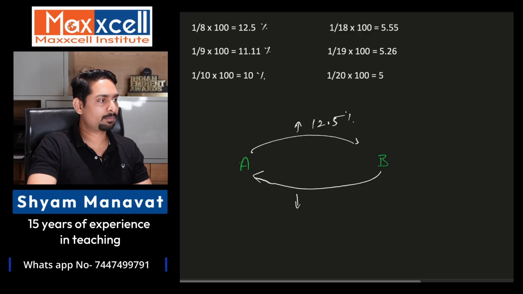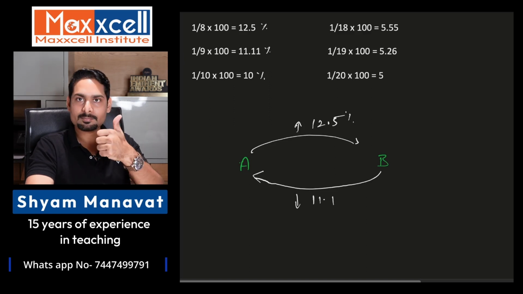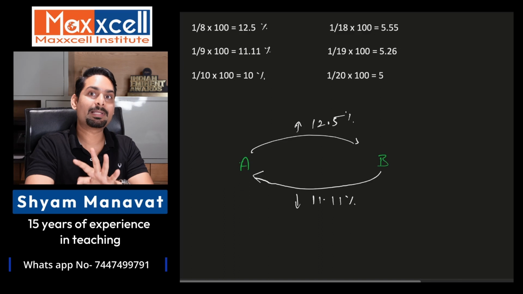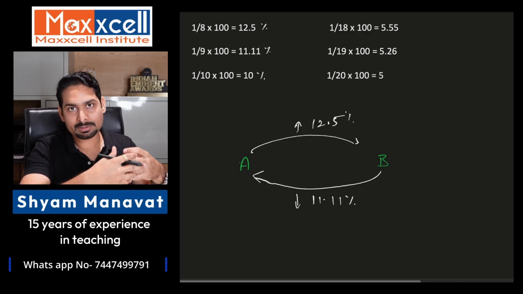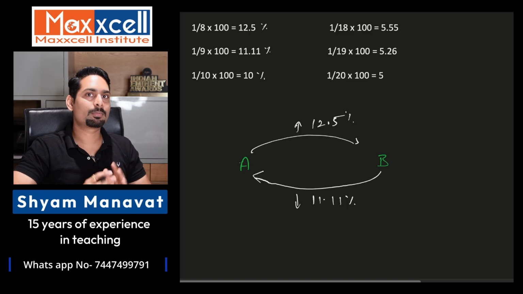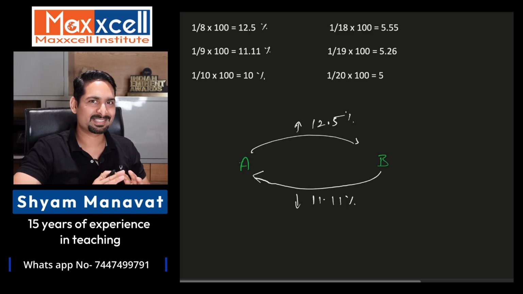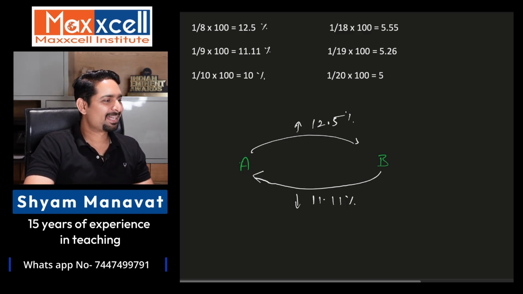What is that? 11.11%. Okay, this will be like that. I can prove it again by showing some examples, some calculation, some numbers, but I hope by now you trust me that this is working, correct?